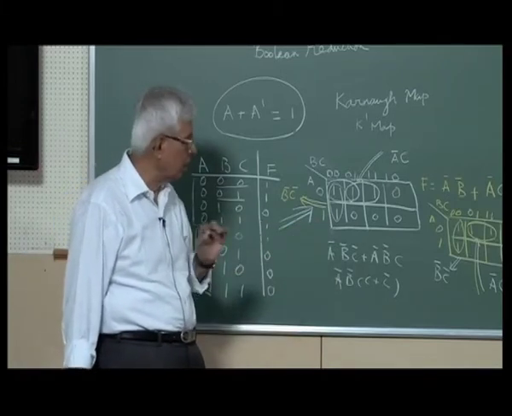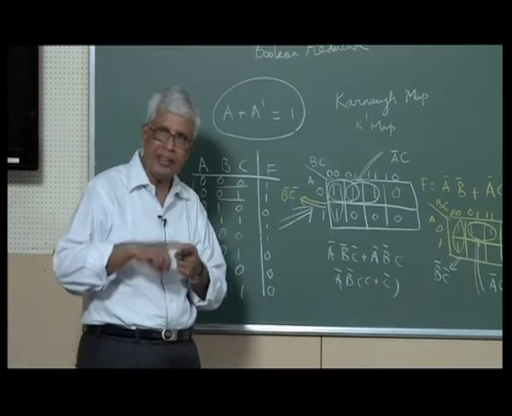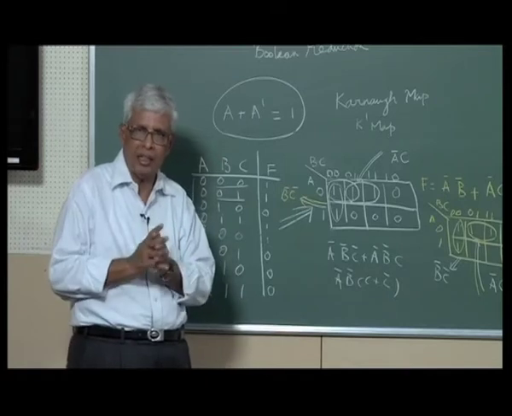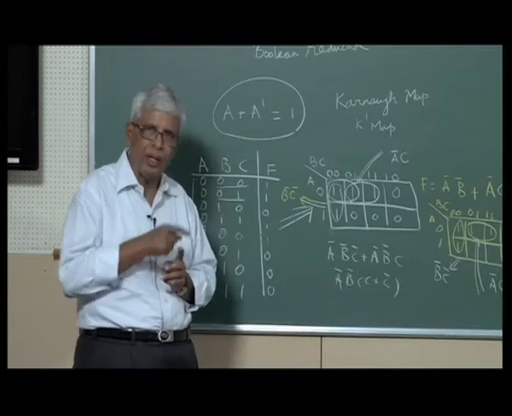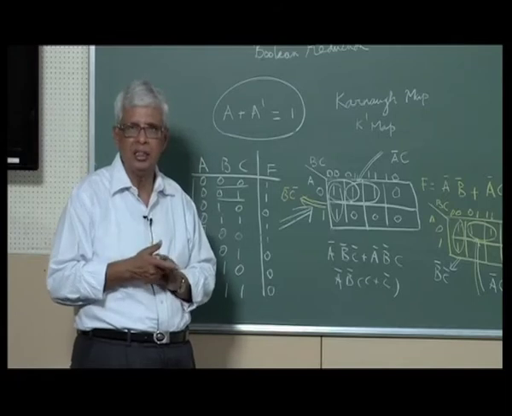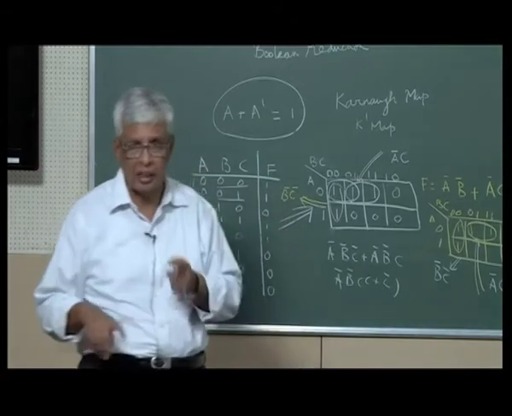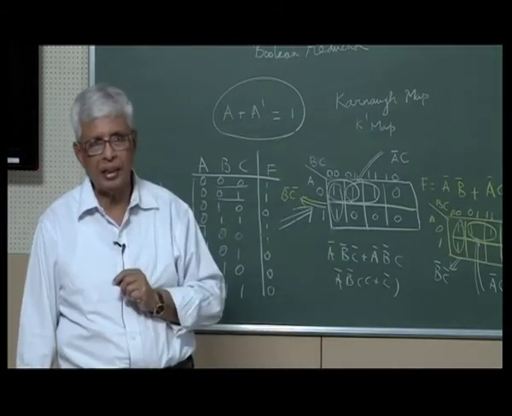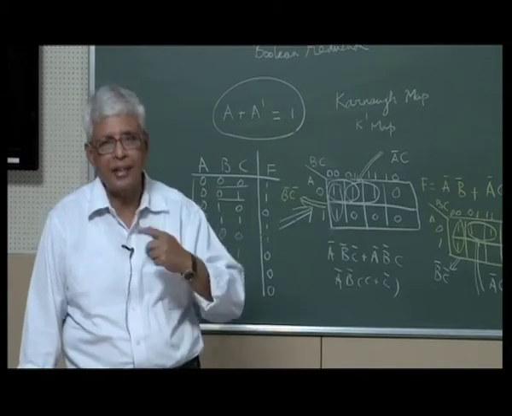This is called the map method or Karnaugh map method. Systematically it reduces the function. You don't have to worry whether you have reached the minimum or not, as long as you cover all the ones in the simplest possible way. Overlapping is not a mistake. If it has to be done, you can do it. Sometimes I will give an example where I have to do it more than once, but you do not do it unnecessarily.